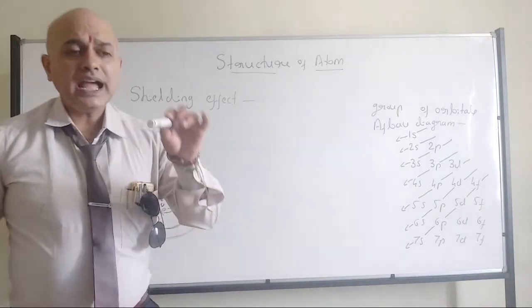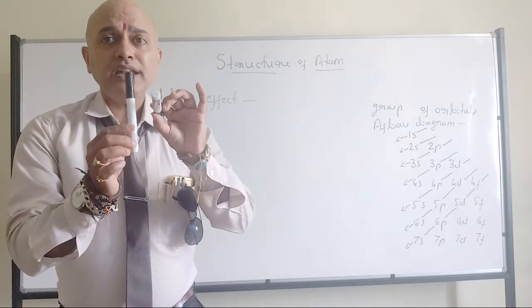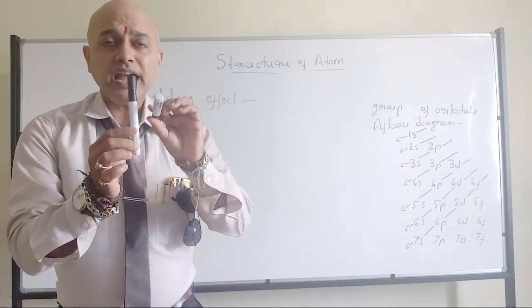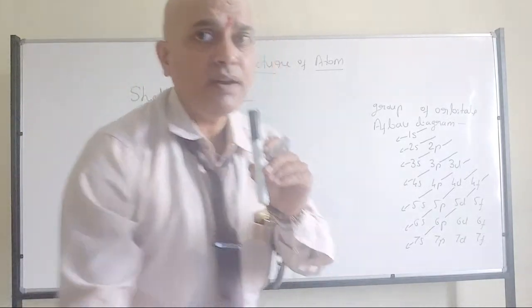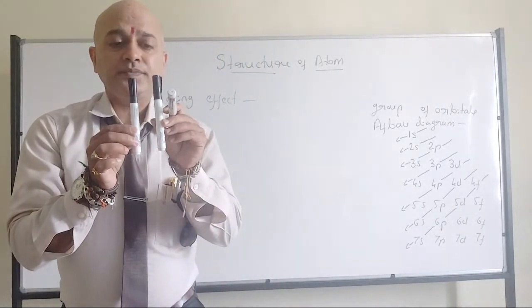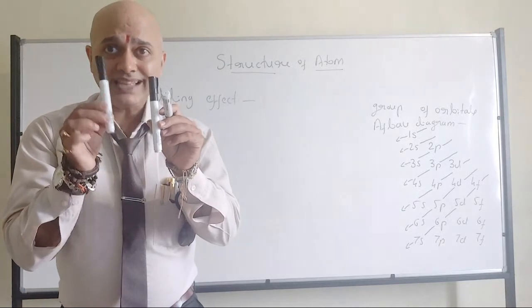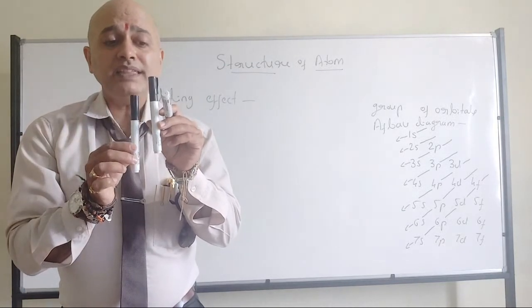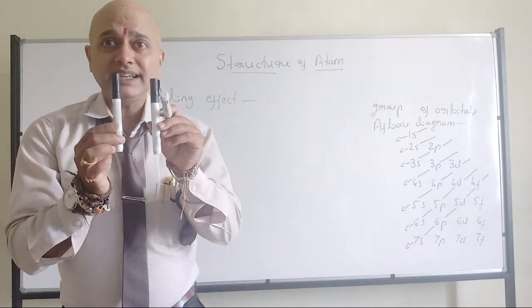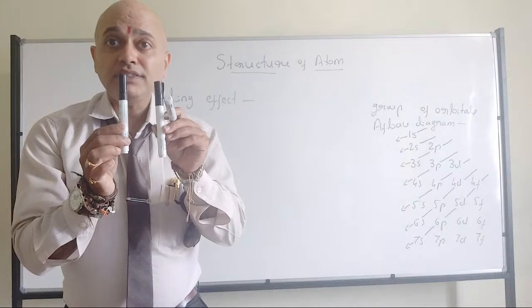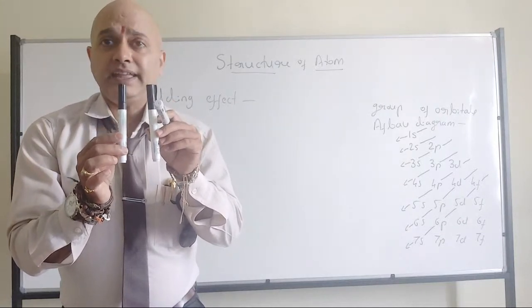Say for example, I have a magnet. Okay, I have put one iron nail over here. Now I will keep another iron nail here. Naturally, the magnetic force acting on this will be interfered with by the iron nail present over here. So this iron nail is going to interfere with the magnetic field acting on this particular iron nail.